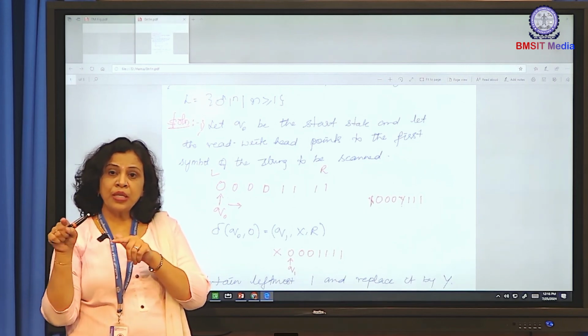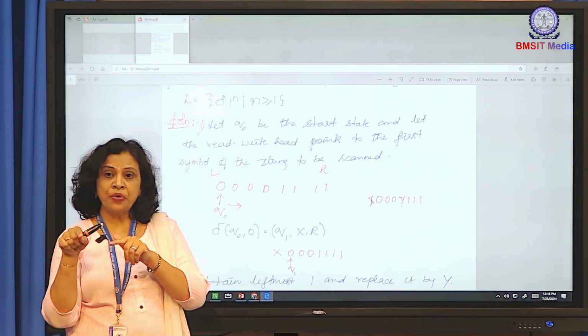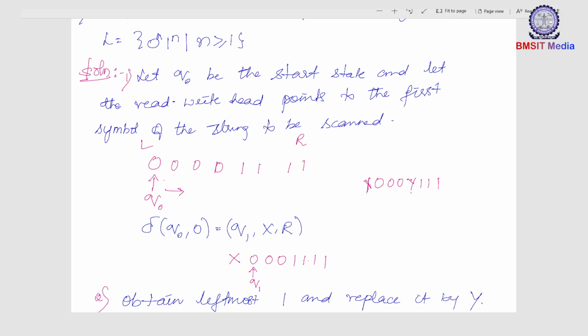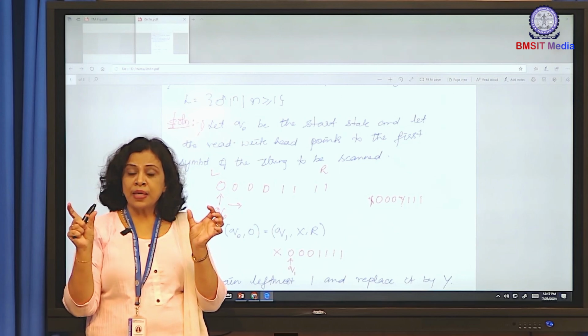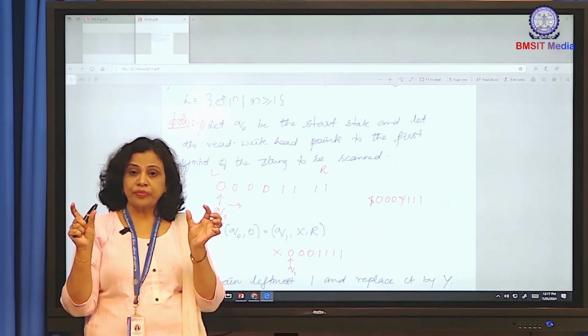Change that 1 to y. Come back and find the next 0. Once you find the next 0, replace by x, go and find the 1, replace by y. It means all zeros are replaced by x, all ones are replaced by y.